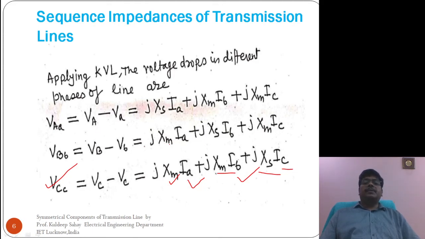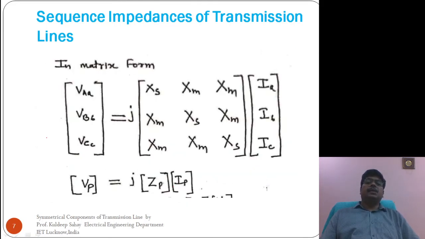Second row jXm, jXs, jXm, and third row jXm, jXm, and jXs, and the current vector is IA, IB, and IC.